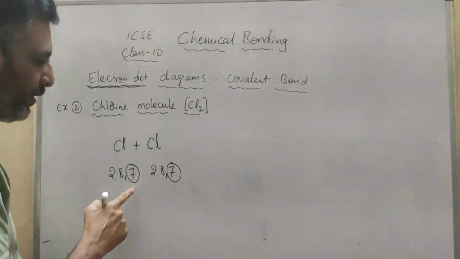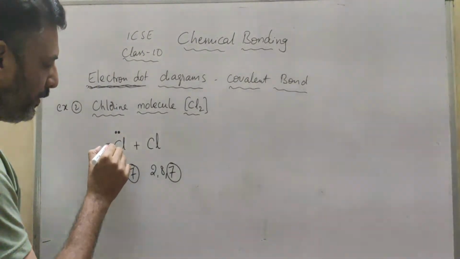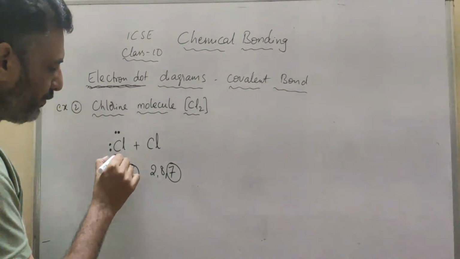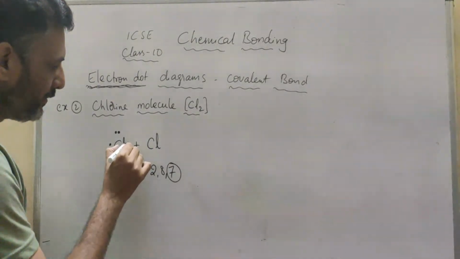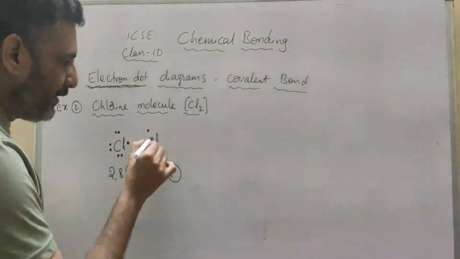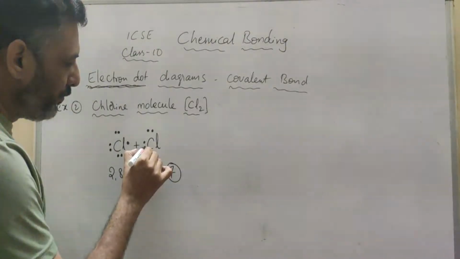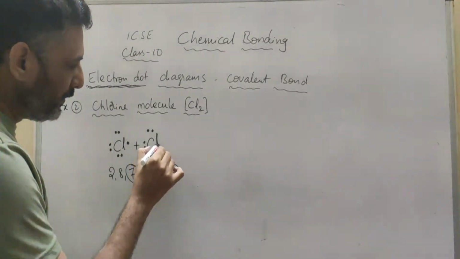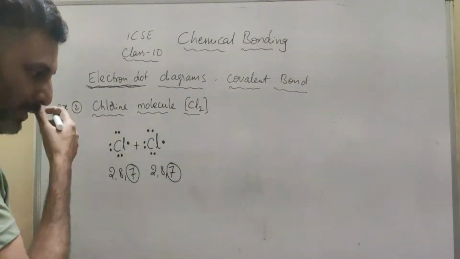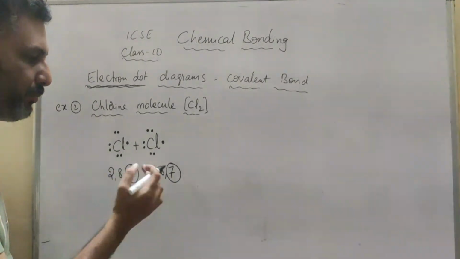Remember that. So 7 valence electrons of this chlorine, 1, 2, 3, 4, 5, 6, 7. For this chlorine, same thing. 7 valence electrons are there. Now each chlorine atom is short of 1 electron. So this requires 1 more electron.